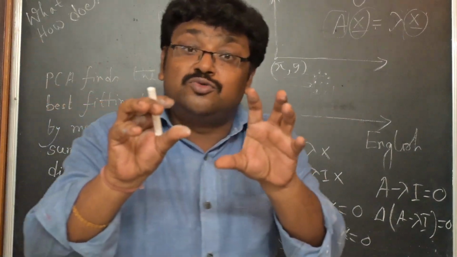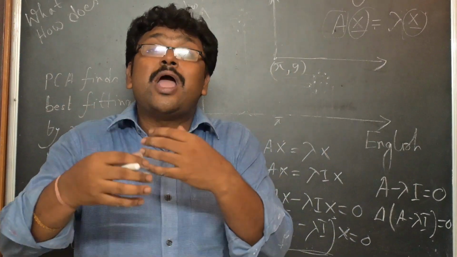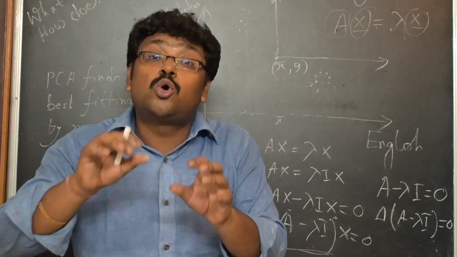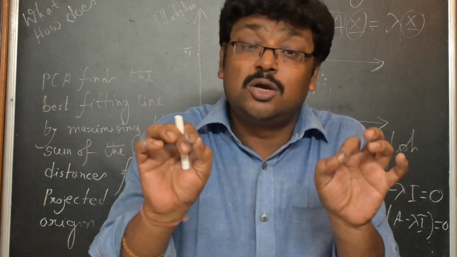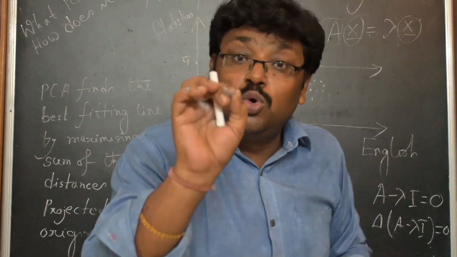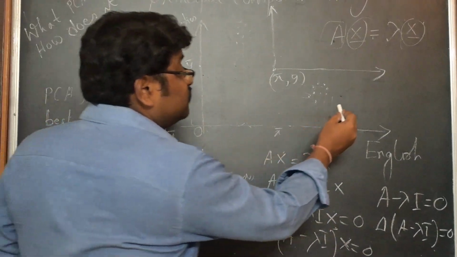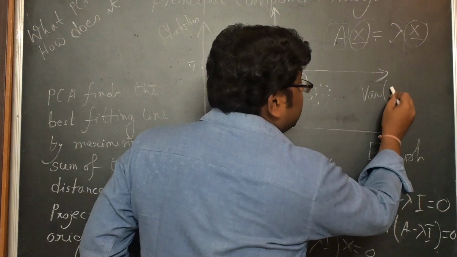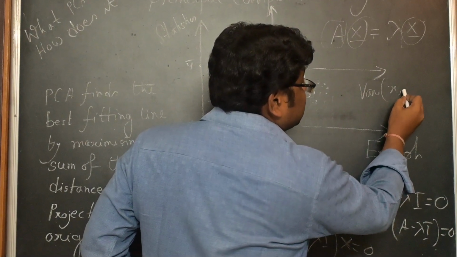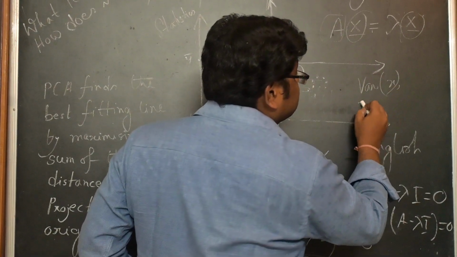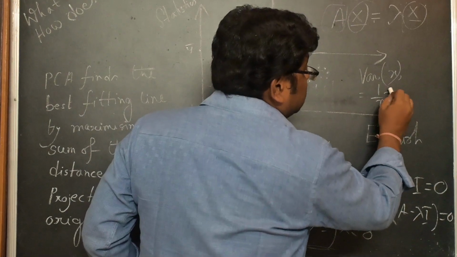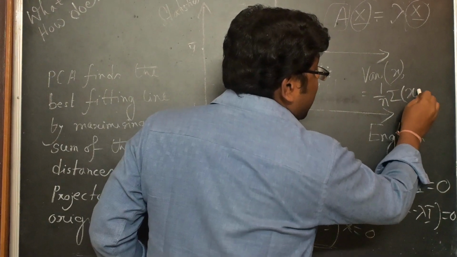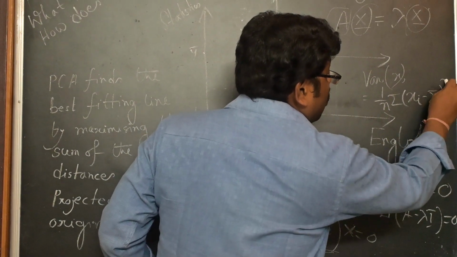From these values, you should calculate the covariance. You know the formula of the variance: variance of x equal to 1 by n summation of xi minus x bar whole square.